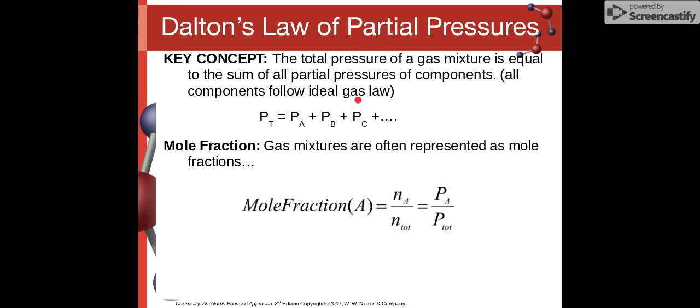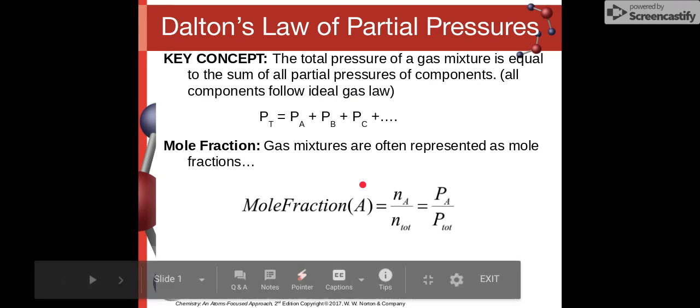So the main idea there is that you can find the pressure if you just know the number of moles. And as it turns out, we can use something called mole fraction to help us find partial pressures. If we take the moles of one particular gas and divide it by the total number of moles, that will give us something referred to as the mole fraction.